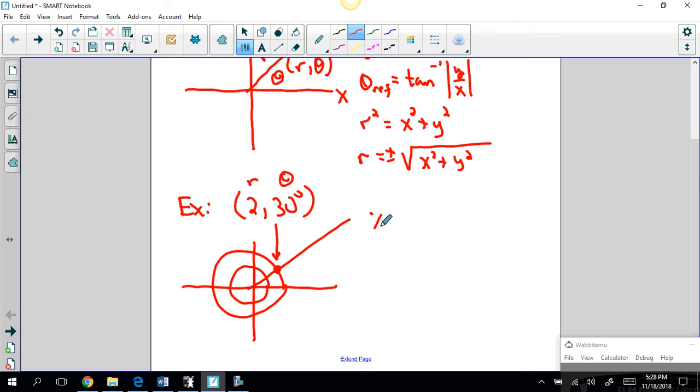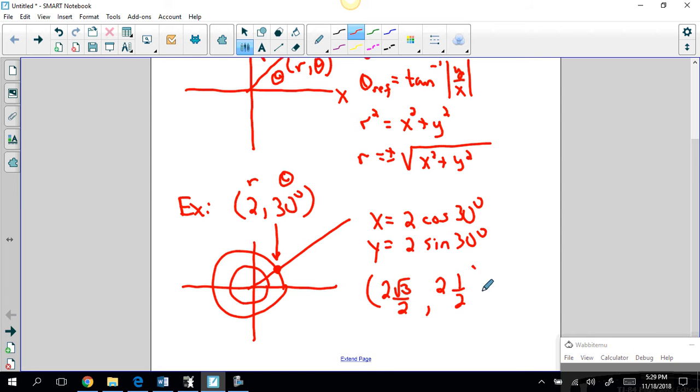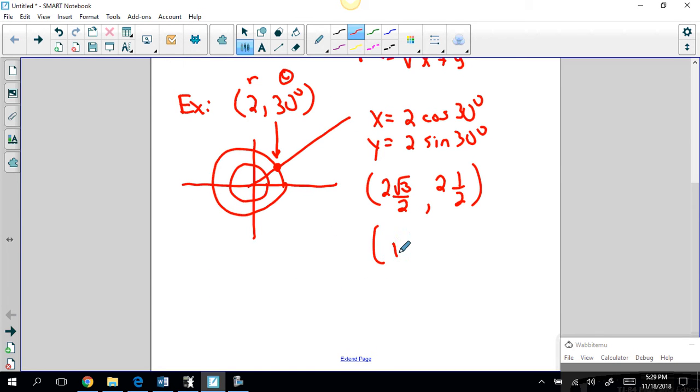But x equals 2 cosine 30, y equals 2 sine 30, which is 2 times the square root of 3 over 2 and 2 times 1/2, which is the point square root of 3, 1 in xy world. So if you go over 1.7-ish, square root of 3, up 1, same spot.